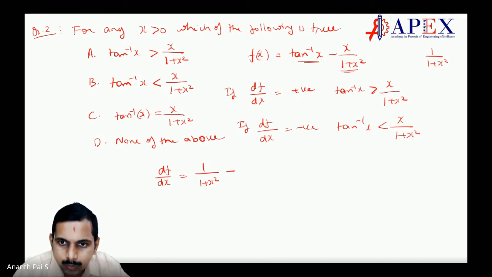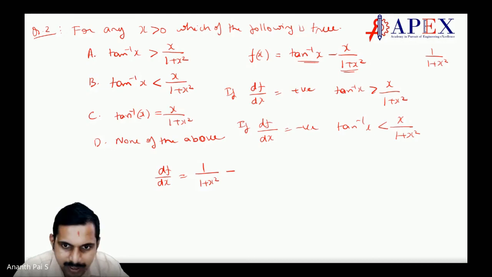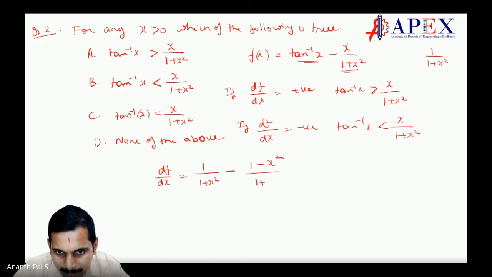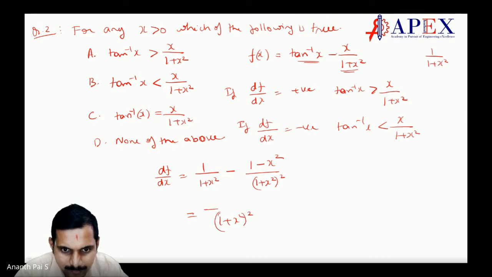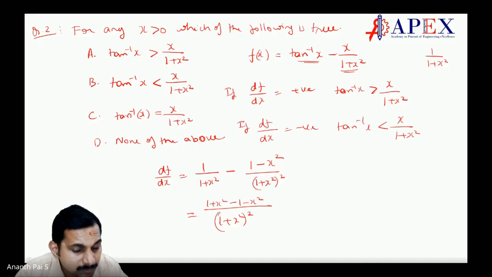So it is the U by V rule. Denominator into differentiation of numerator minus numerator into differentiation of denominator. So it is 1 plus x square minus x into 2x, the whole divided by 1 plus x square the whole square, correct? You have left the other part, I guess.